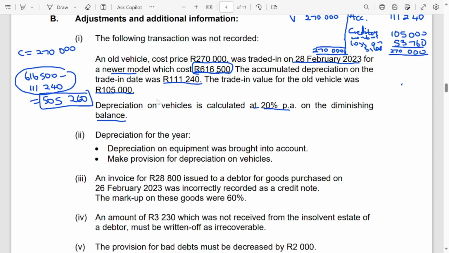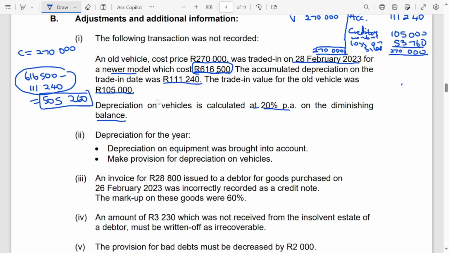Because it was recorded this way, instead of increasing the debtors, they decreased the debtors because they recorded as if the debtors are returning the goods. And they also recorded it under debtors allowances since it's a credit note. We know that the debtors allowances decrease the sales. So they also decreased the sales, while they were supposed to increase them.